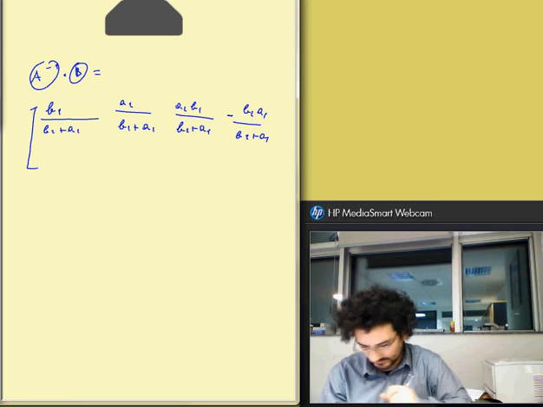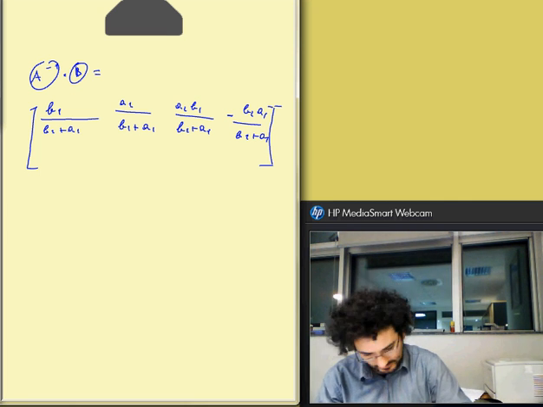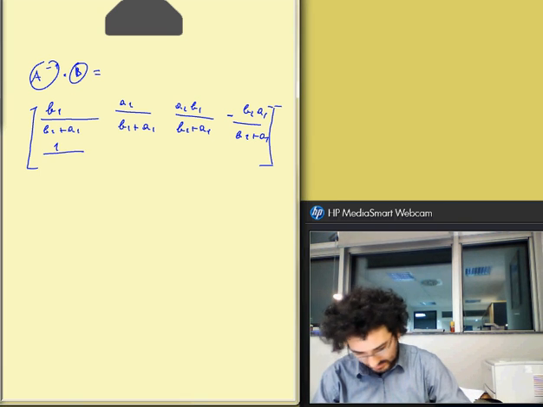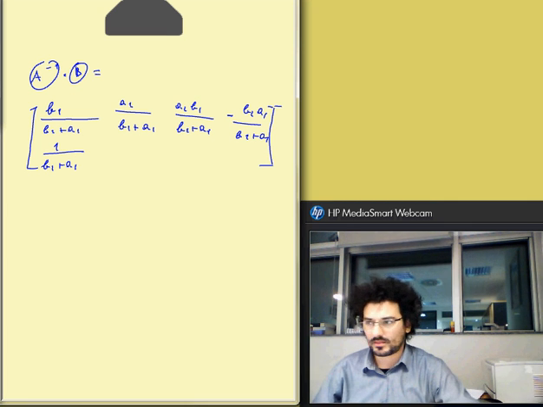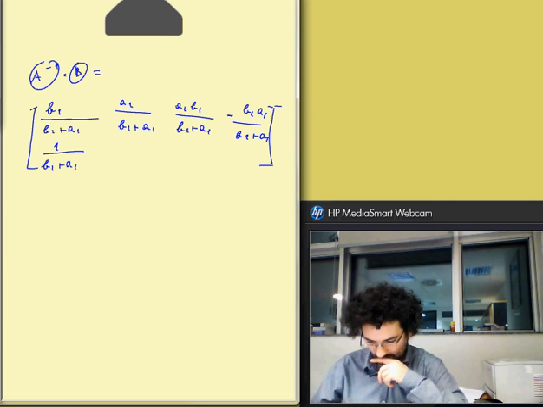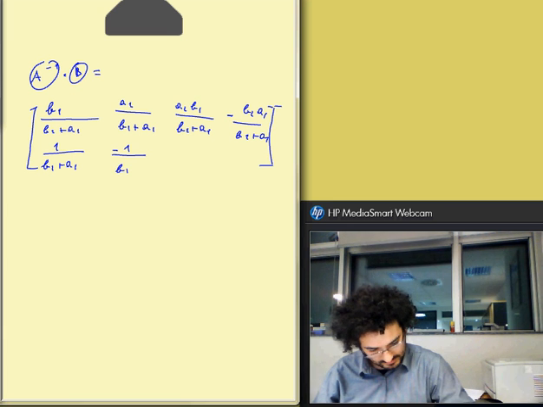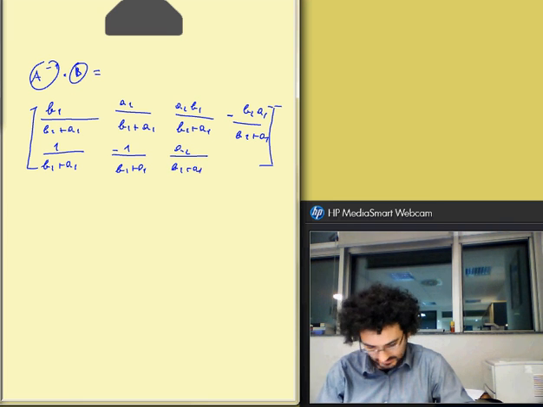The second row will be given by one over B1 plus A1, then we have -1 over B1 plus A1, A2 over B1 plus A1, and finally B2 over B1 plus A1.